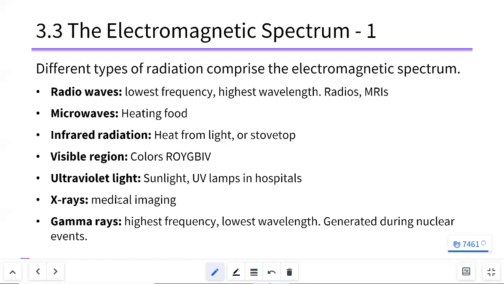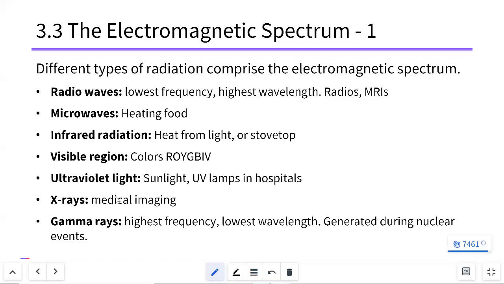Ultraviolet light is beyond that violet light in terms of its energy. We see it in sunlight, we see it in UV lamps. We know what a sunburn can do to our bodies. That's primarily caused by the interactions of UV light in our skin.